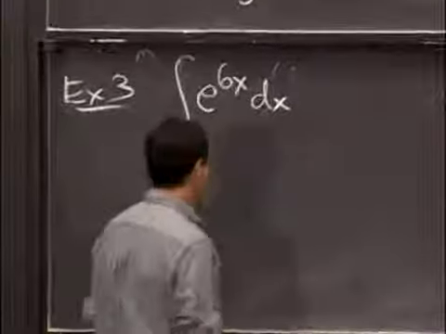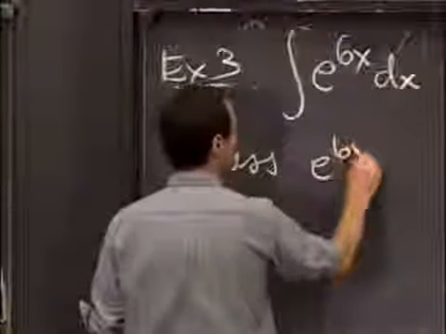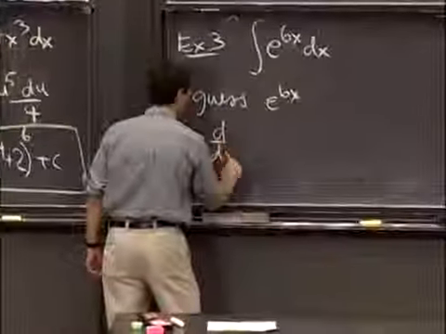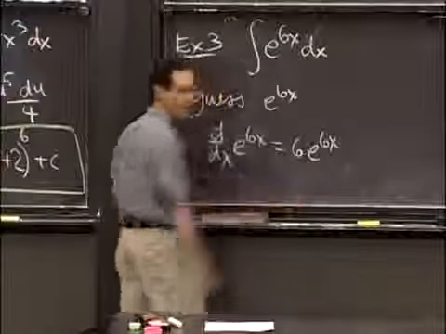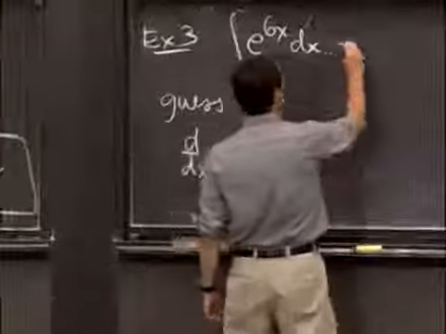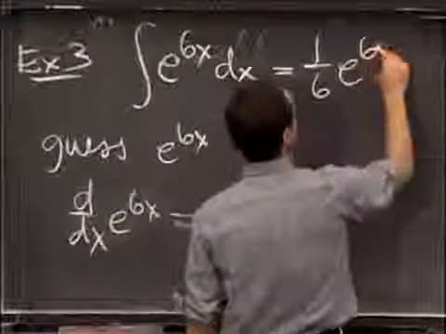My advanced guess is e to the 6x. And if I check, when I differentiate it, I get 6 e to the 6x. That's the derivative. And so now I know what the answer is. It's a 6th e to the 6x plus c.